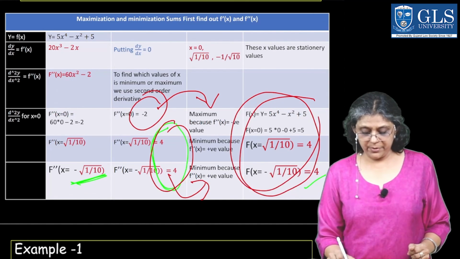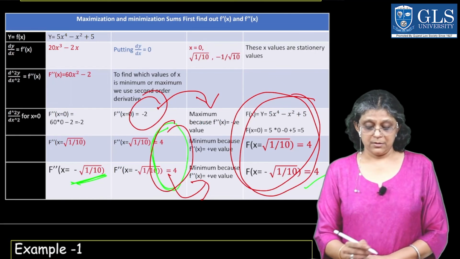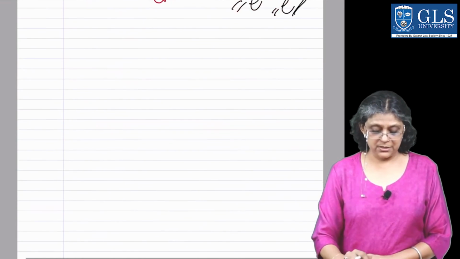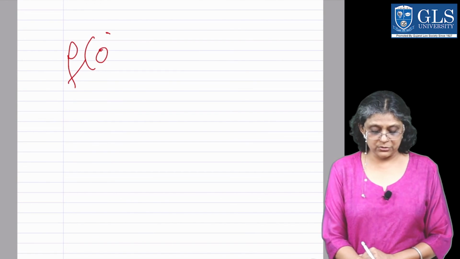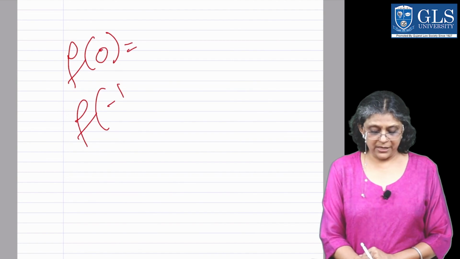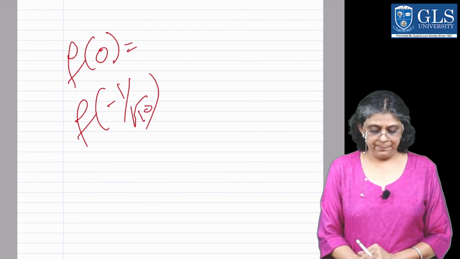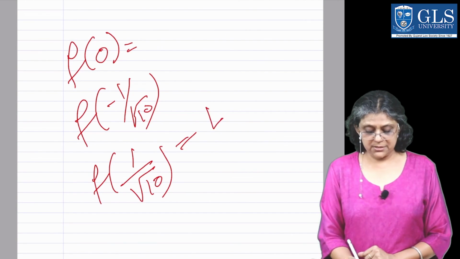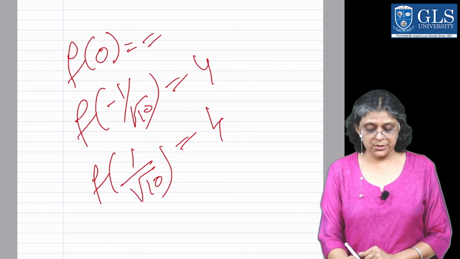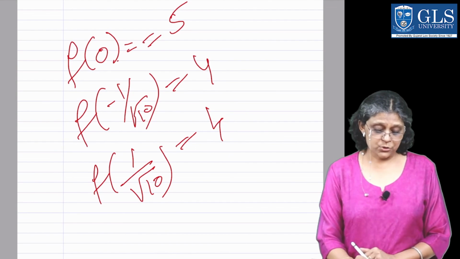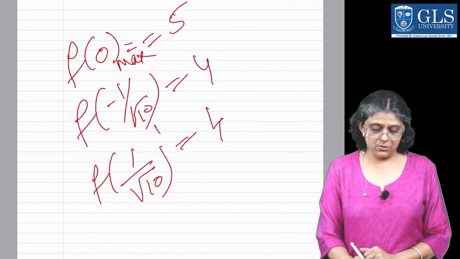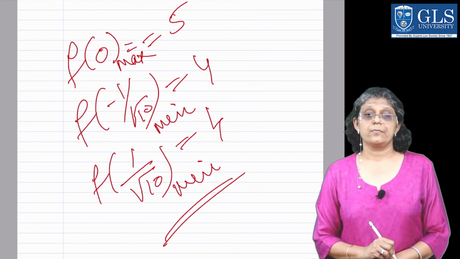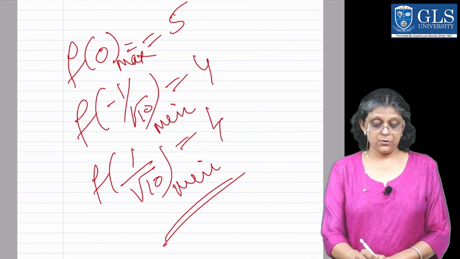And we have proved it here. What did I find out? I can show you that f of 0, f of -1 upon root 10 and f of +1 upon root 10, this is 4, this is 4, this is 5. So this is maximum at 0, and these are minimum. I hope you are clear now.